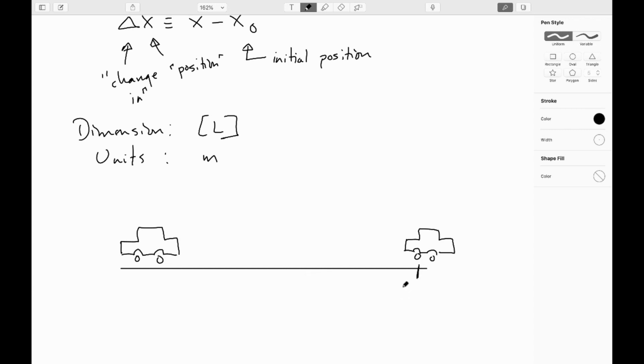So let's say this initial position here, x naught, is located at +3 kilometers. So we'll say at x equals 0 is right there. And the final position, x, is -2 kilometers.